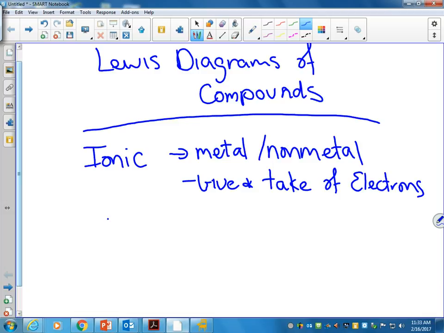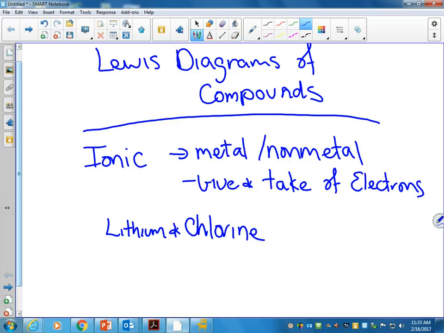Okay, so if we're looking at lithium and chlorine, this side of the room, can you draw the Lewis diagram of lithium? This other side of the room, can you draw the Lewis diagram of chlorine? If I am not back in time, maybe you guys draw them both.